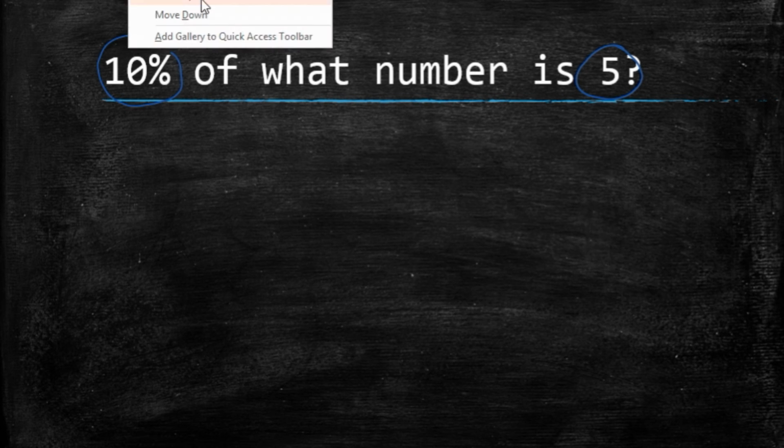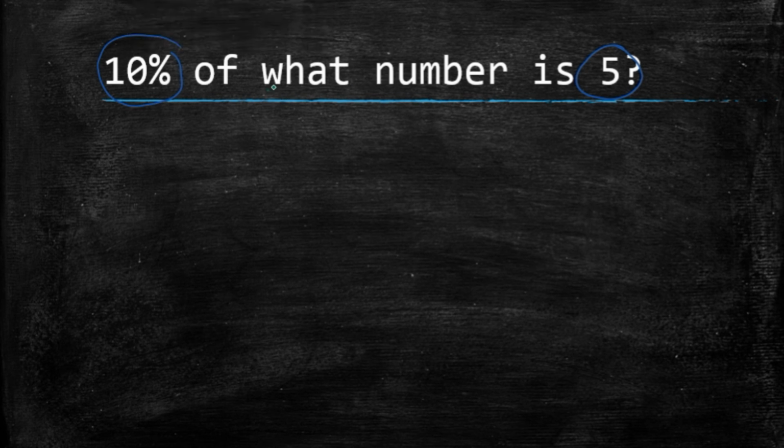I'm going to underline "what number," so that's going to be our variable there. And then, of course, boxing in the words "of" and "is," because those are very important in solving these proportional relationships, or solving percentage problems using proportions.